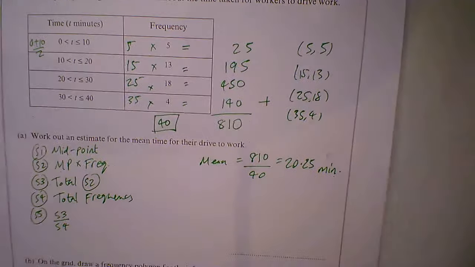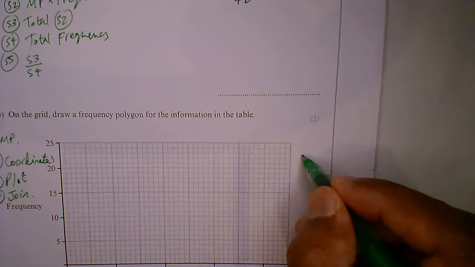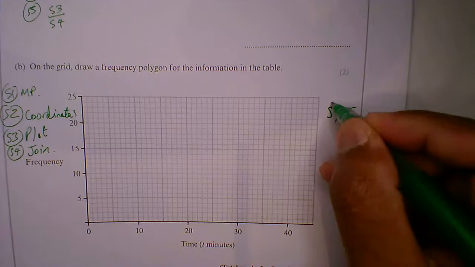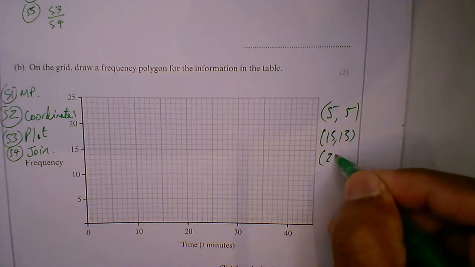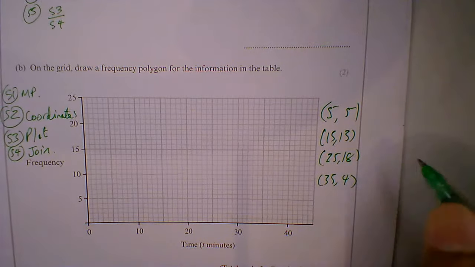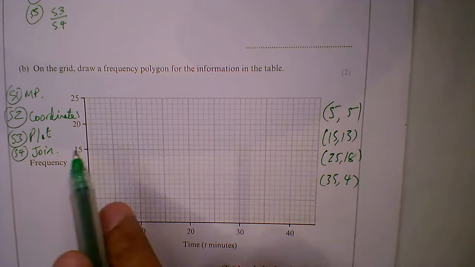I might have to rewrite this so I don't have to go up and down. Actually, should have done it like that. So let me just write it here, just so that you've got it all on one screen. 5, 5, 15, 13, 25, 18, 35, and 4. So now I've done my midpoint, my coordinates, and now I plot them.